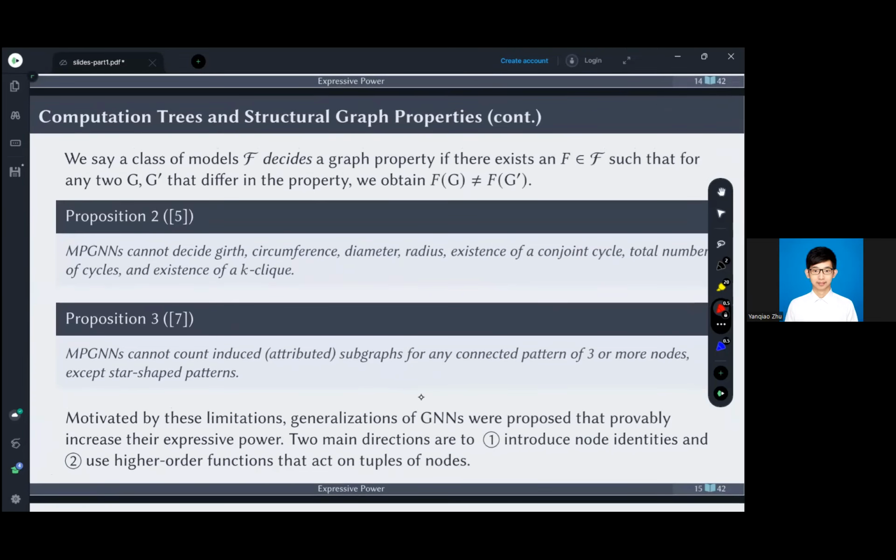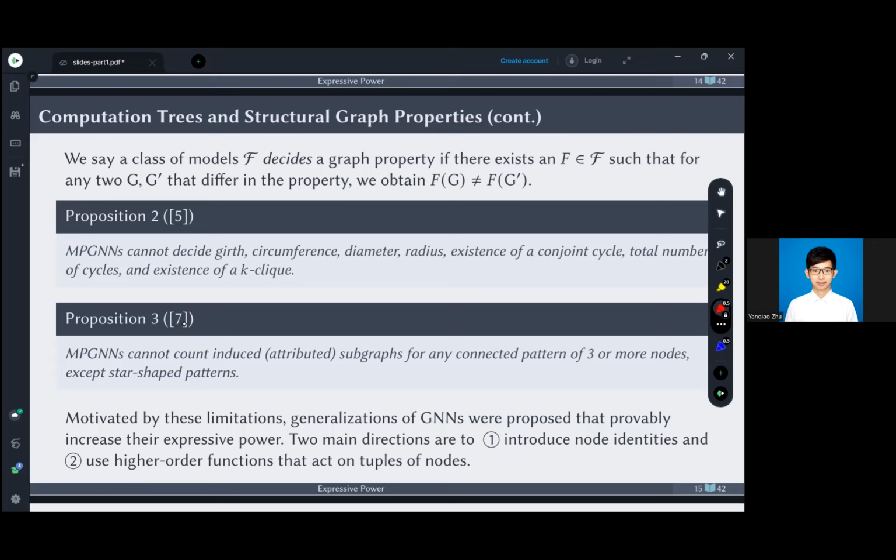And we will give you some of the existing results from the literature. If you download my slides, you can click the links here: citation number 5 and citation number 7. They are very famous papers that study some failed cases of graph neural network models.